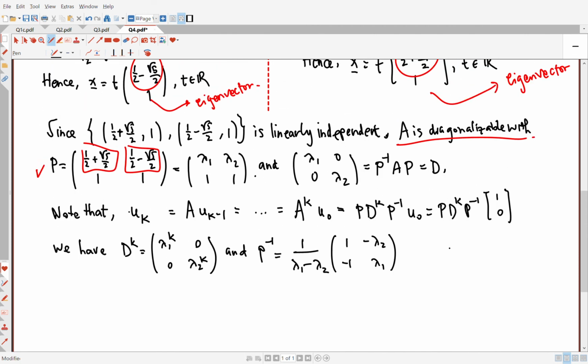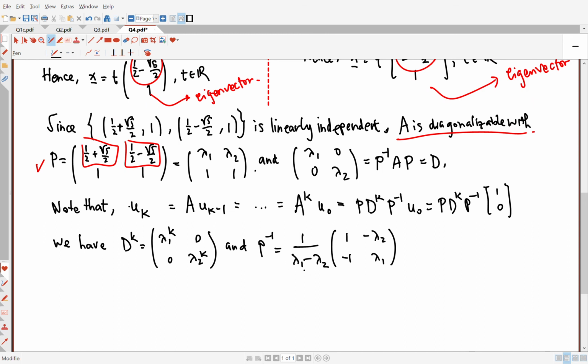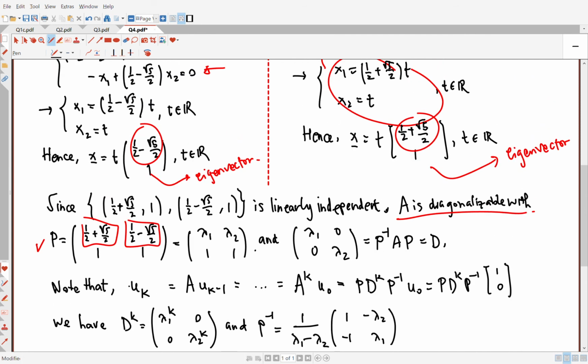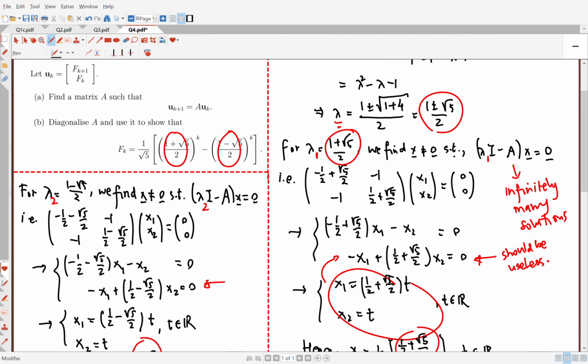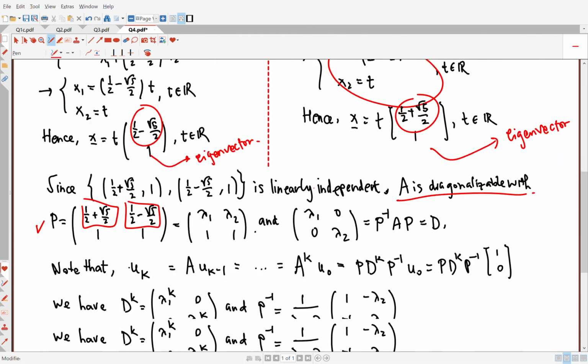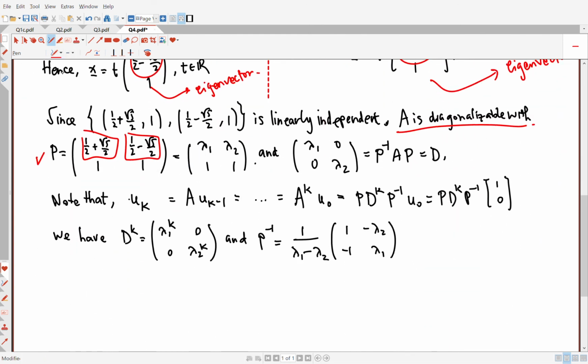Okay, I think this is quite nice. This should be this minus this, and it will be square root 5. Try to see whether there is square root 5. Okay, good. There is 1 over square root 5 here. Okay, so we should be on the right track. So this is equal to 1 over square root 5 of (1, minus lambda 2, minus 1, lambda 1).